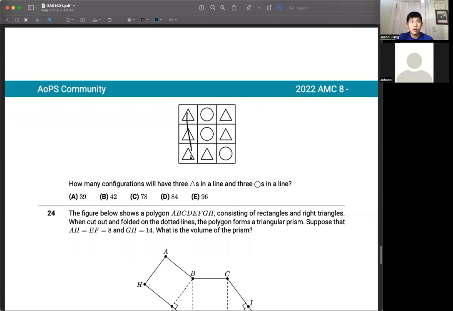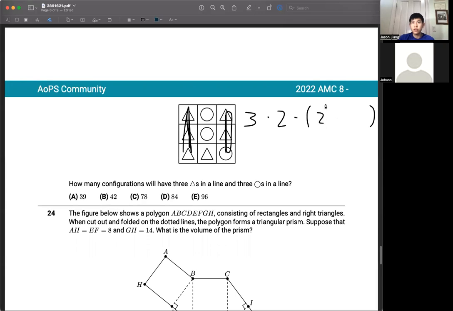If we have this one column of triangles and another column of circles, then how many ways are there to do this? Well, we have 3 places, 3 columns to choose for the triangle column, then 2 for the circle column, and then for the remaining 3 spots, each of those has 2 possibilities.